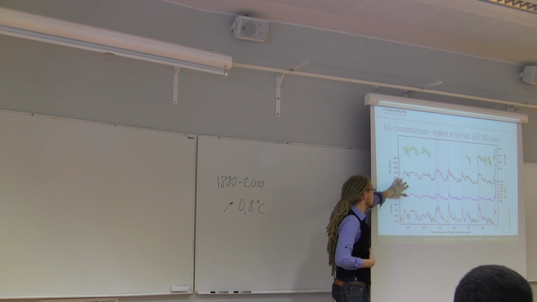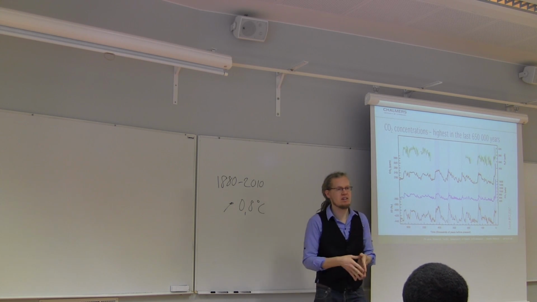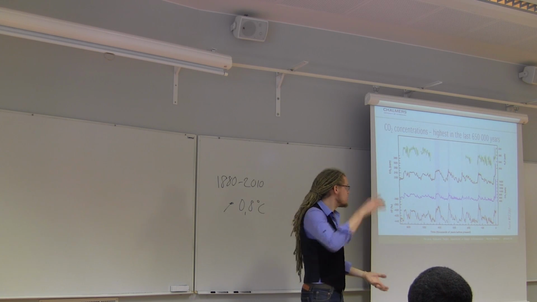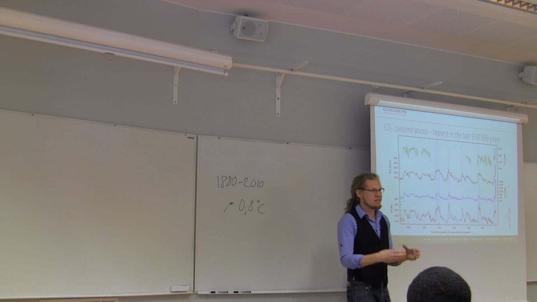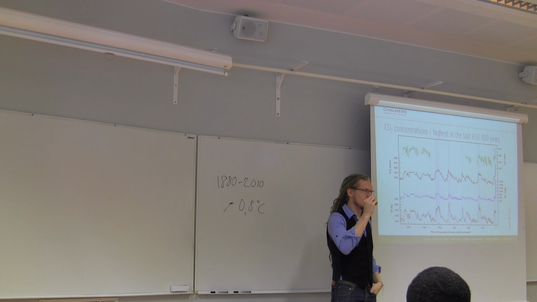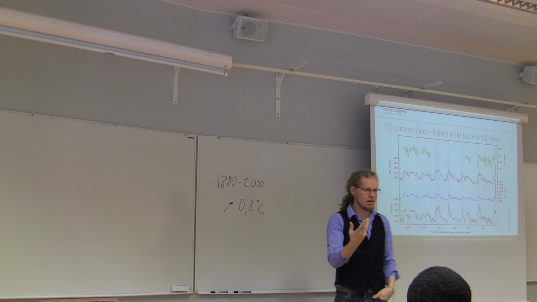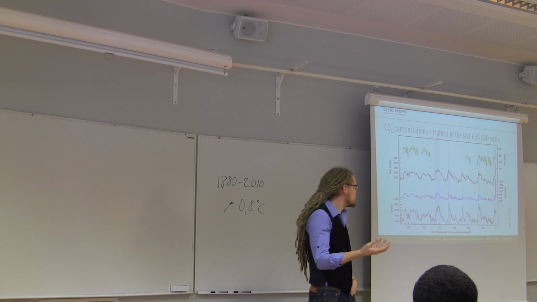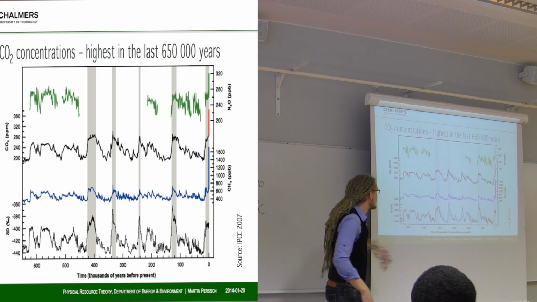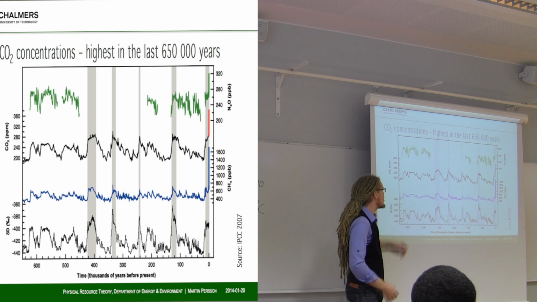But the main thing here is you drill in Antarctica, for example, where we have really deep ice, kilometers of deep ice. You drill down the ice, and inside the ice are trapped small air bubbles with the atmosphere from 700,000 years ago. So you can actually measure directly what the carbon dioxide concentration was, what the methane concentration was.